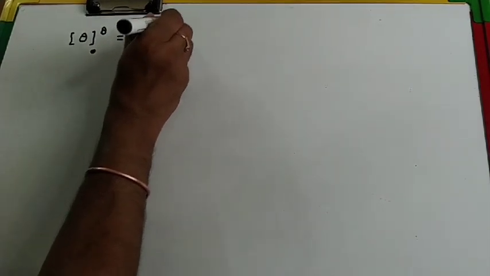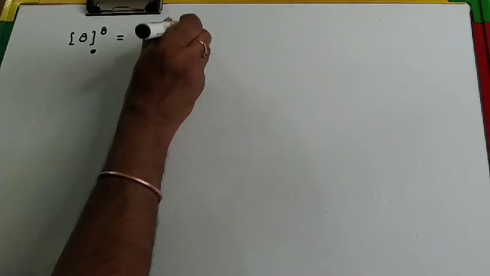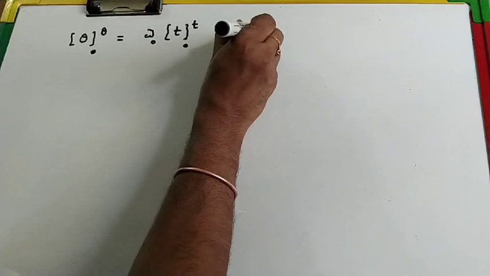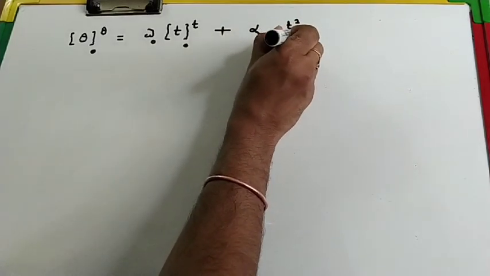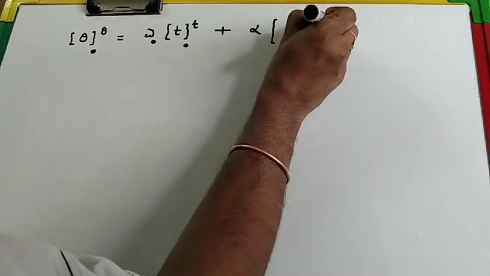This can be rewritten as theta within limits 0 to theta is equal to omega naught into t within limits 0 to t plus alpha into t square by 2 within the limits 0 to t.